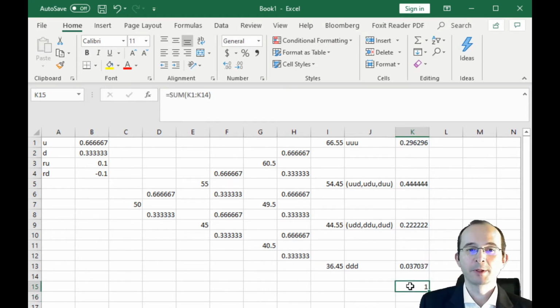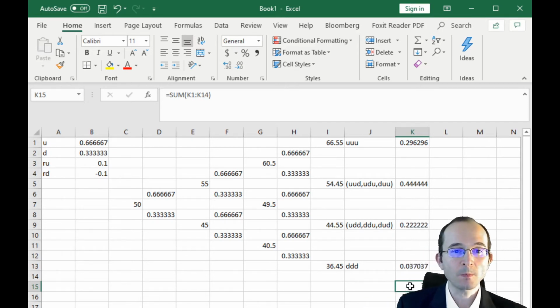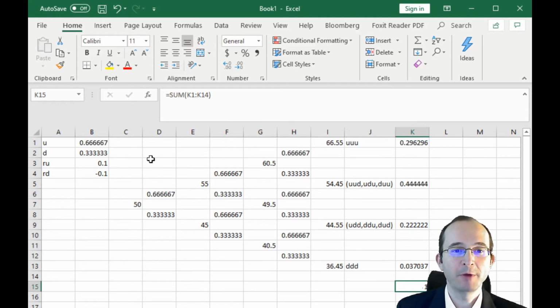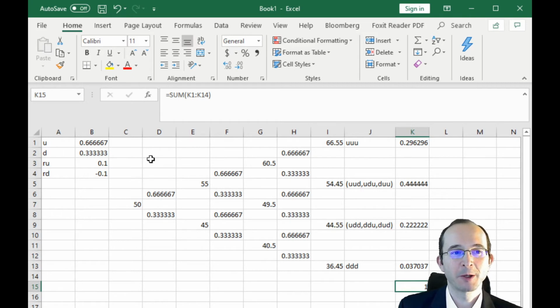Now, what would happen if we actually built in conditionality into this tree? In other words, what if we allowed the probabilities to change based on the prior path? This would sort of be a momentum-like behavior. In other words, if the economy went up yesterday or last period, it's more likely to keep going up. If it went down, it would be more likely to keep going down.